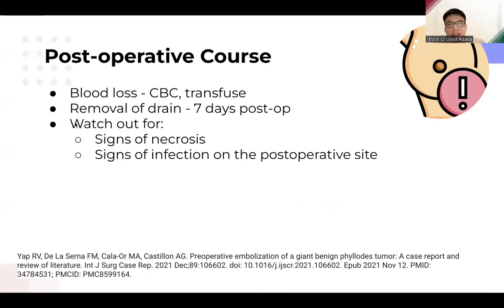They did a CBC and it was low, so they transfused blood for that patient, and the drain that was in place was removed 7 days post-op, and they watched out for signs of necrosis and signs of infection on the post-operative side. So we could also do this for our patient.